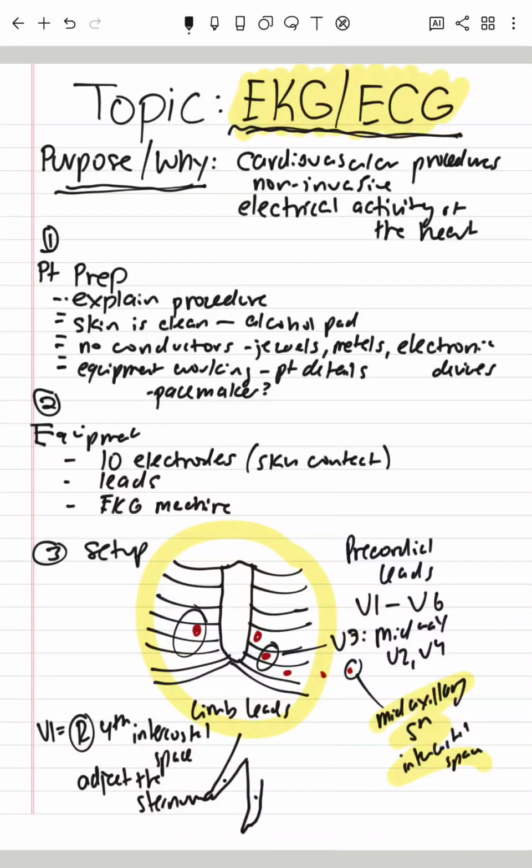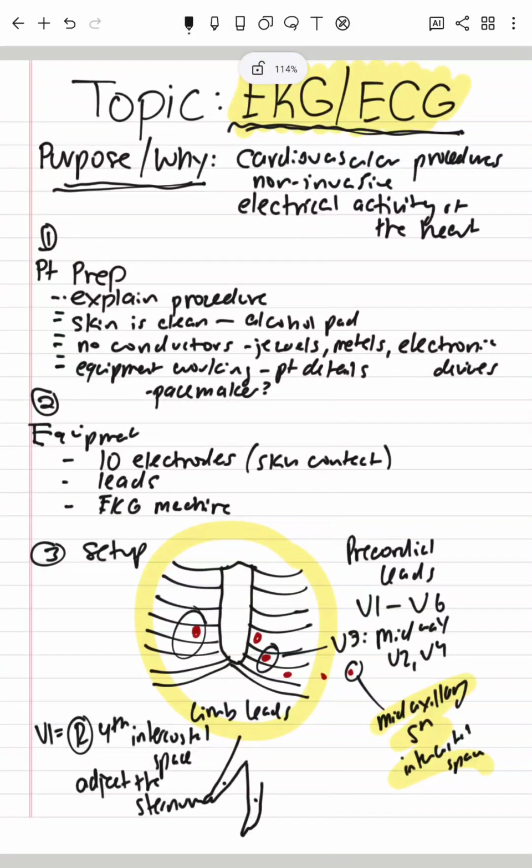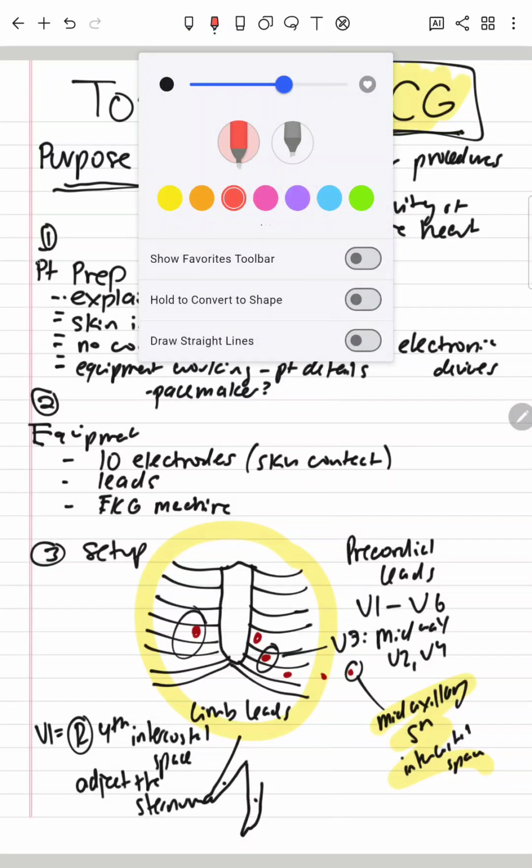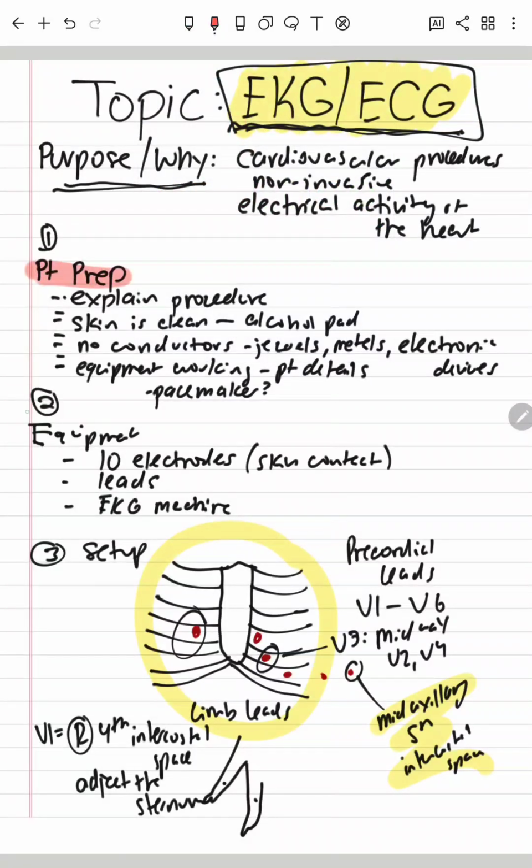But again, in the outline method, what we're doing is we are supporting our big topic by breaking it down into smaller topics or smaller sections, so then we can see the big picture, which is the topic, and then the supporting details or the facts. So then we can make this make sense.